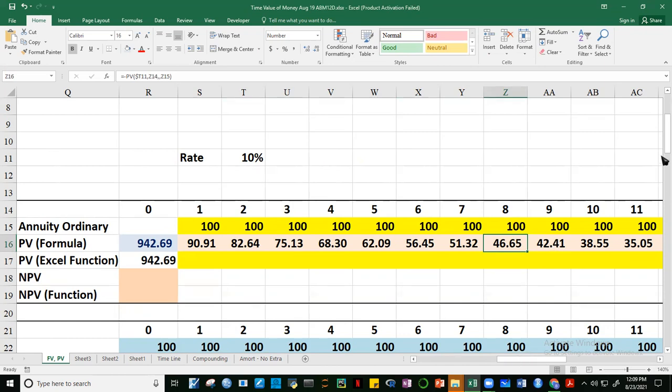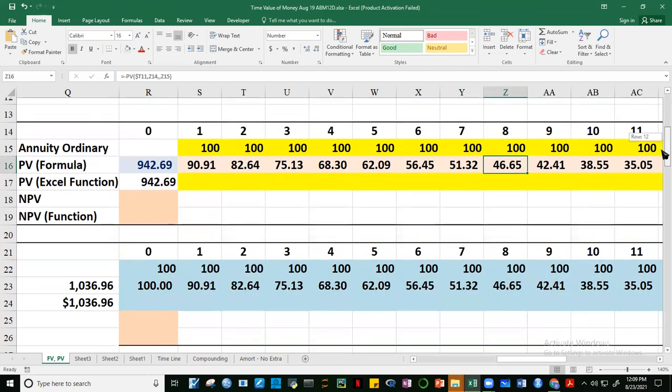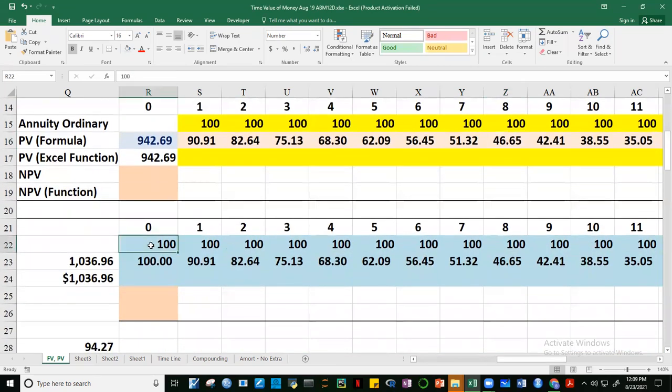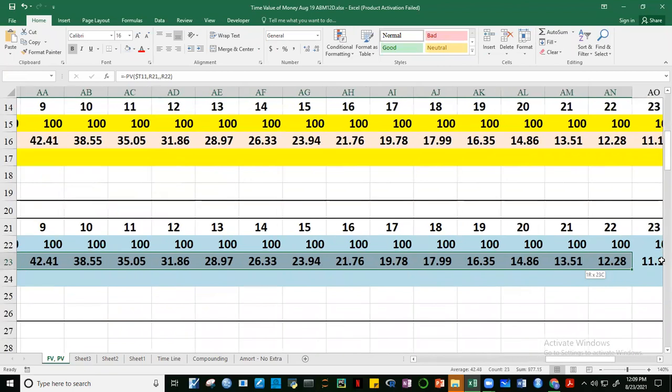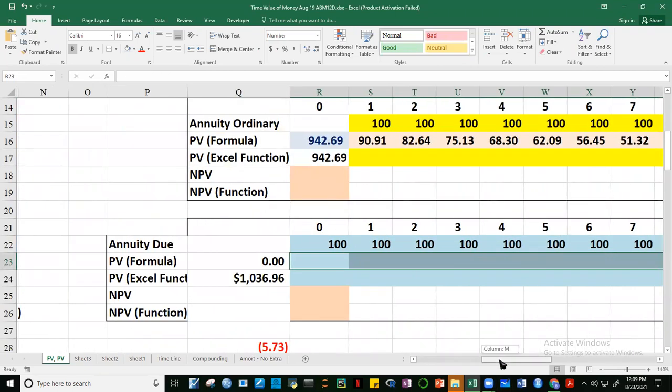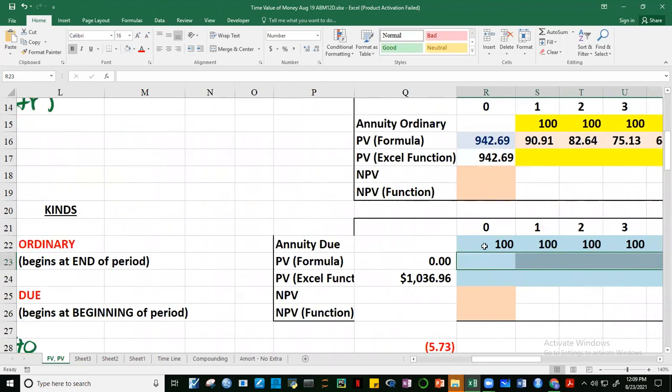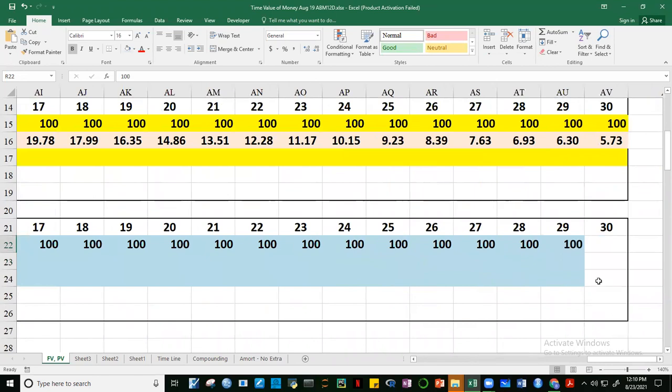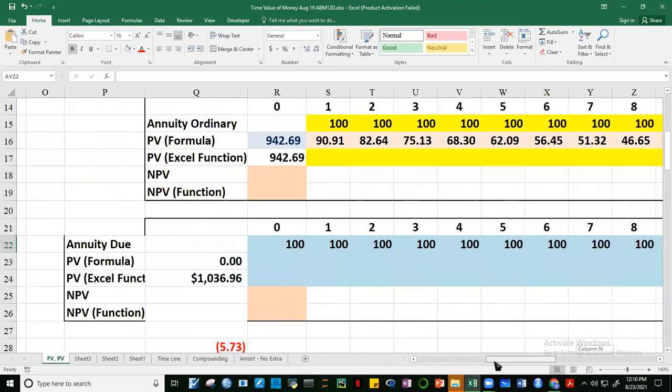So what about, guys, kung clear na yon, ito naman, guys, annuity. Tanggalin ko to, ha. This is annuity ordinary. Kasi nagsimula yung 100 sa year 0. Tapos pagdating sa year 30, wala na. So this is also an annuity of 30 kasi 30 din yung cash flow natin.